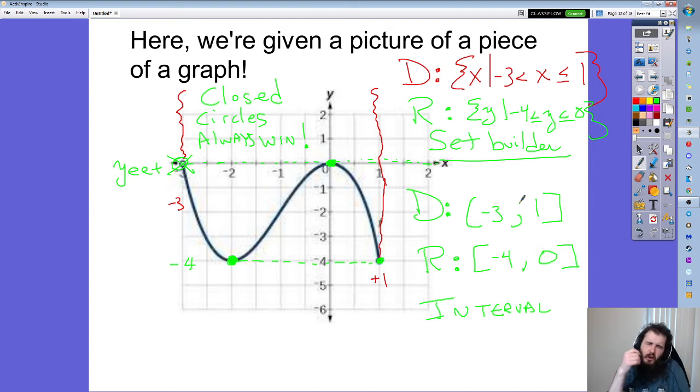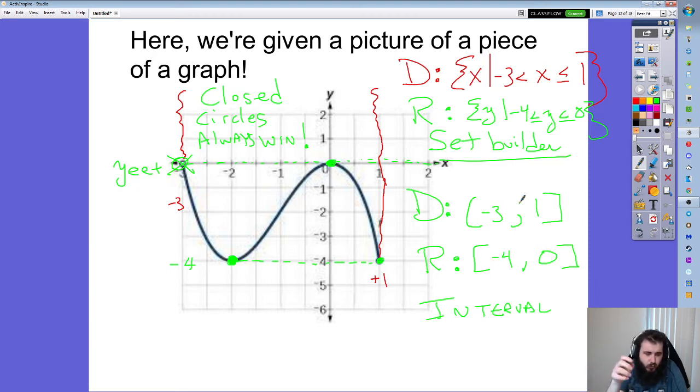Any person who understood mathematics to this level would be able to look at those two things and say, okay, I read this correctly, I read that correctly, they mean the same thing. So don't be worried about which one you want to pick. Sometimes the online homework will force you to do it one particular way because that's the way they've been programmed to require it.